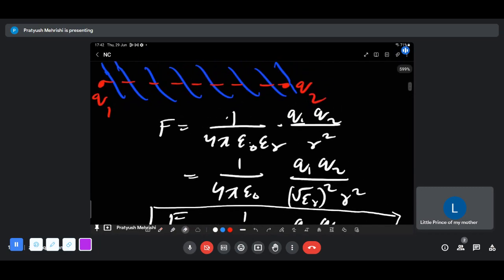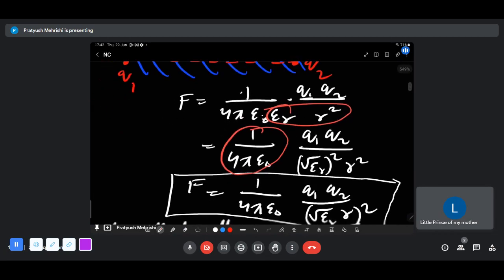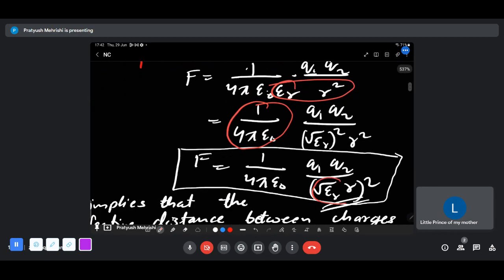But we keep this epsilon naught the same as earlier, and we take this epsilon r with r square. So we can write it as r into the square root of epsilon r.